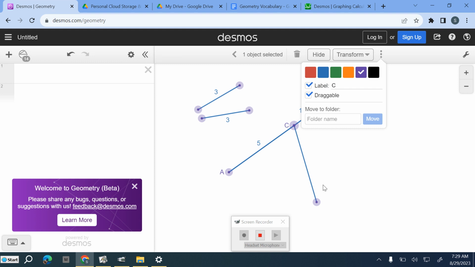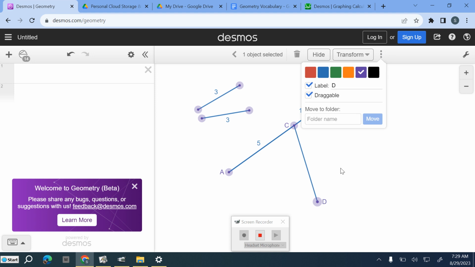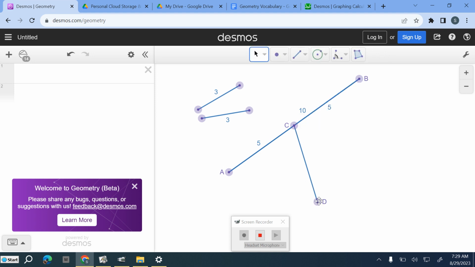And that point C divides that whole segment into halves. One thing I want to be clear about is the segment CD. Doesn't matter where D is at. The segment AB still consists of two segments on either side that are congruent.